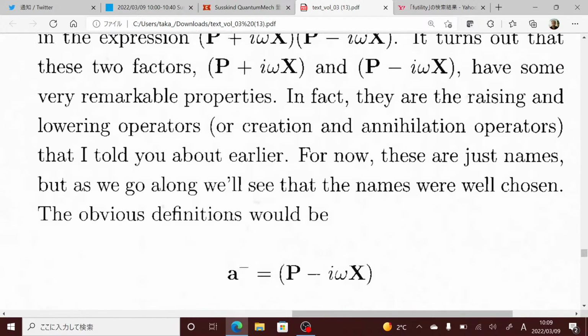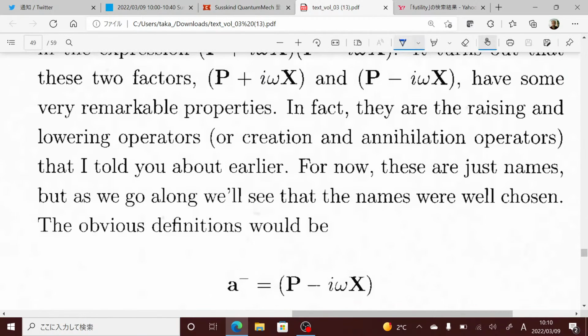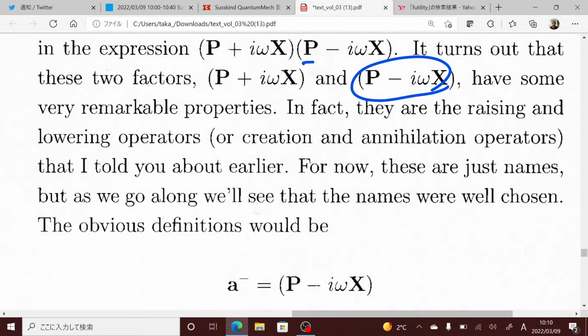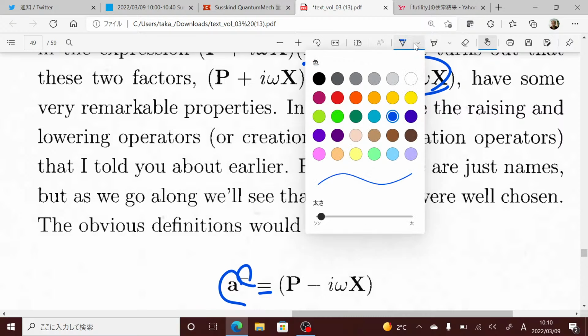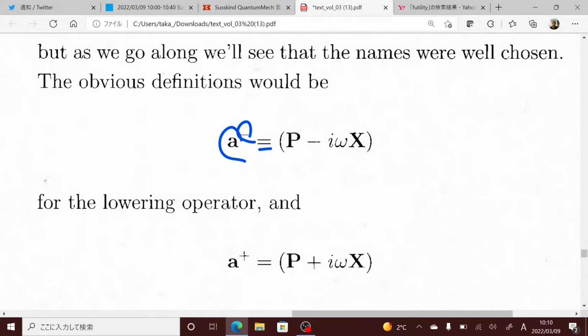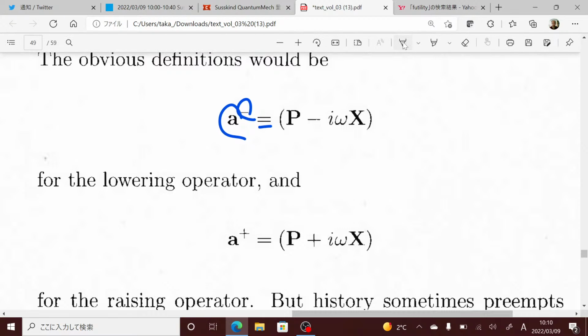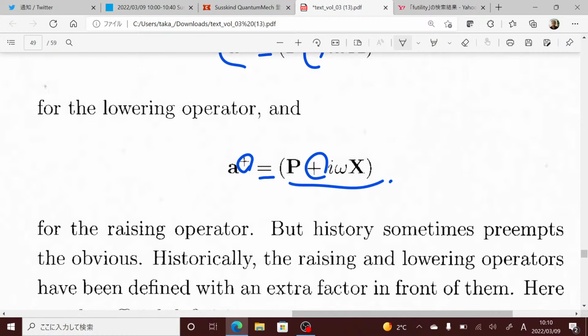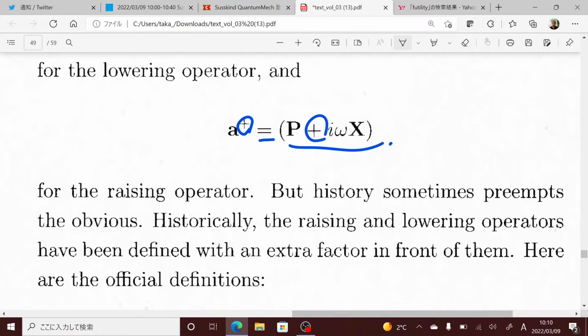This is A minus, the definition. And the other, for the lowering operator, and A plus is the definition. Minus, plus, this one, for the raising operator, but history sometimes preempts the obvious.